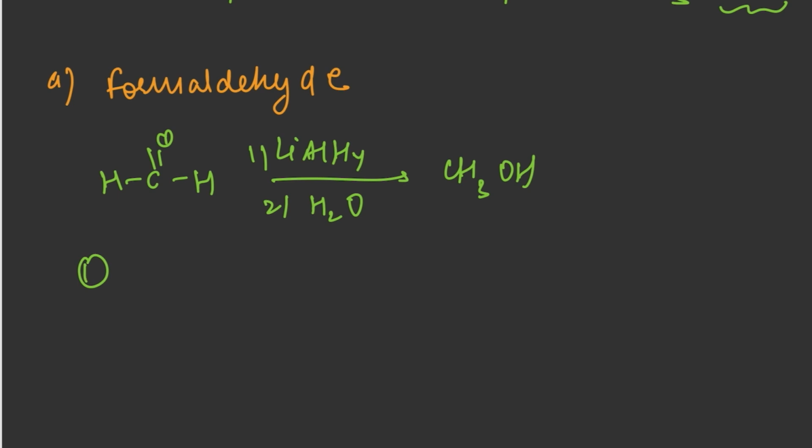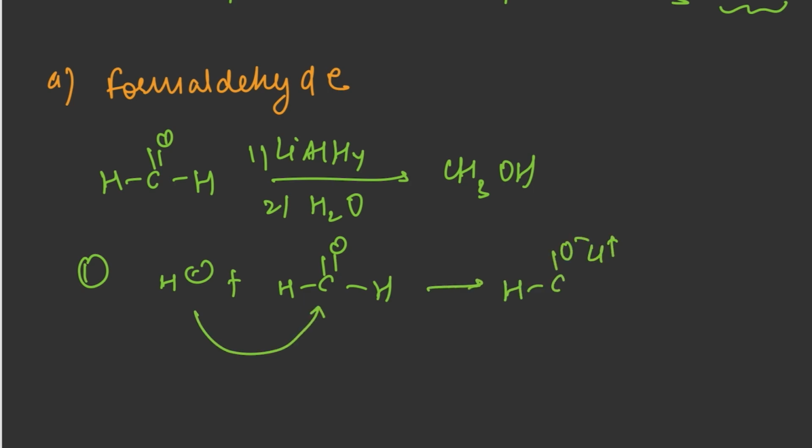So H minus reacts with formaldehyde, and it is a nucleophilic addition reaction. So it forms H2CO minus Li plus, and on hydrolysis it forms CH3OH plus LiOH. So that's how we get methanol.